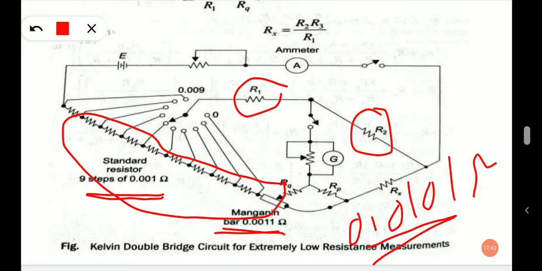In this way, the resistance in the ratio arm gets connected in series with the contact resistance. Note that the ratio arm resistance is relatively higher than the contact resistance. Hence, the effect of contact resistance is made negligibly small.